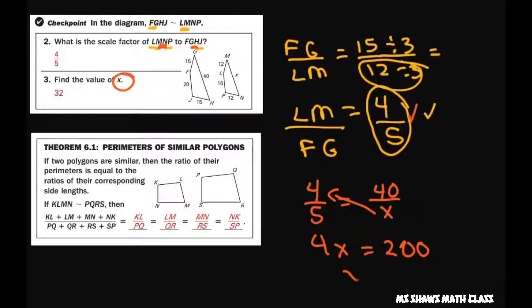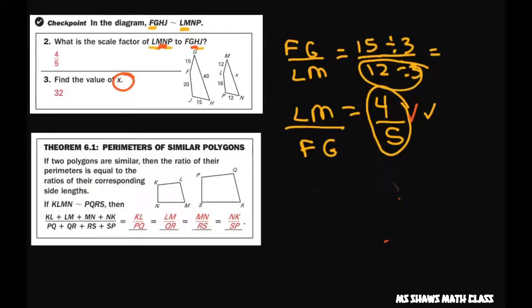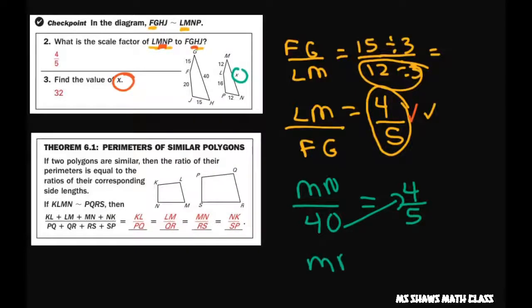And so X would give you not 32. So let's see what I'm doing here. All right. So basically, we want to find the value of X, which is here. That's MN. And MN goes with GH, which is 40. And our scale factor is 4 to 5. Oh, I see what I did. All right, so cross multiply. So MN equals 160 divided by 5, which gives you 32.